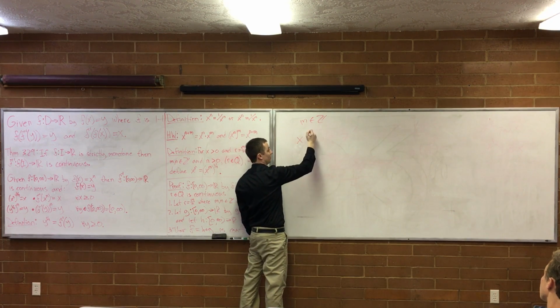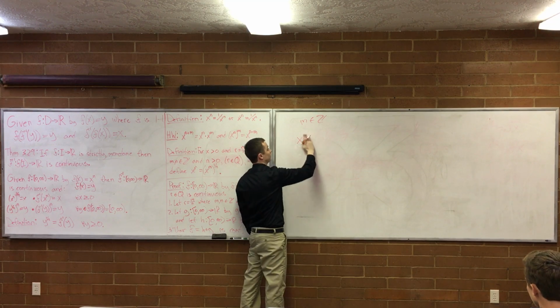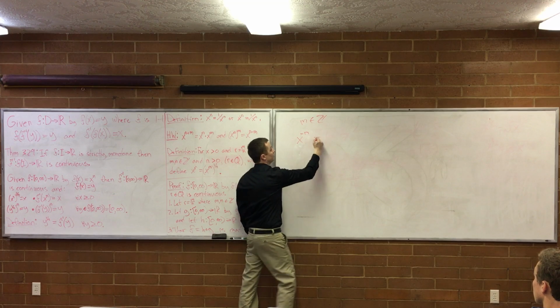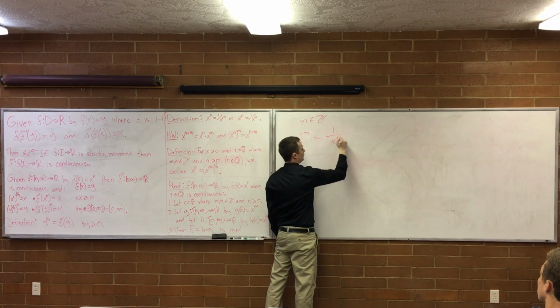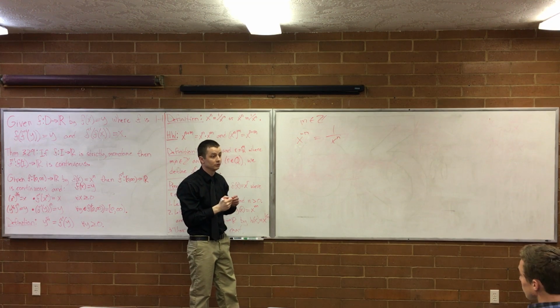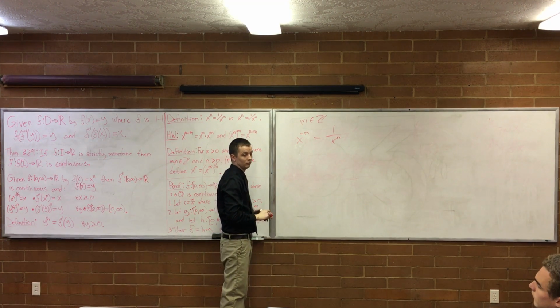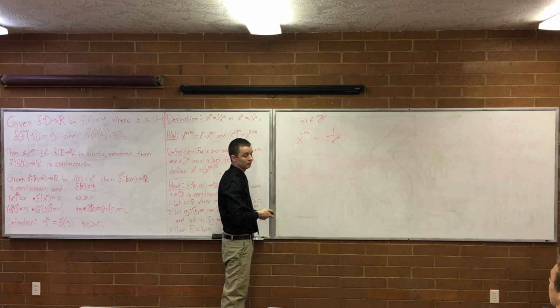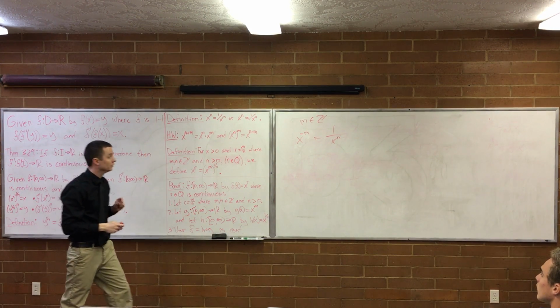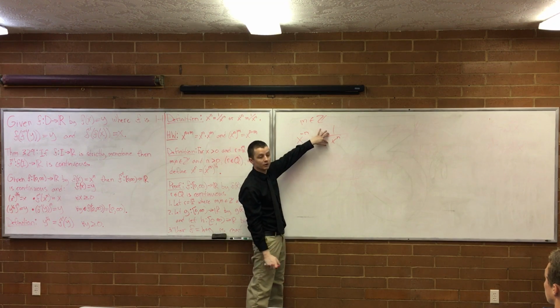If m is 0, this is 1, it's continuous. If m is negative, so now this is negative n, it's equal to 1 over x to the n, which is a rational function, which is continuous. Rational is a quotient of polynomials. The numerator and the denominator are polynomial.